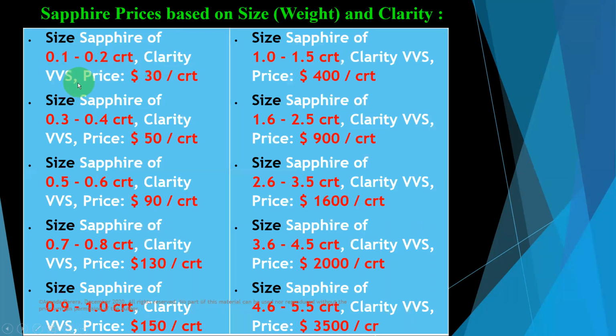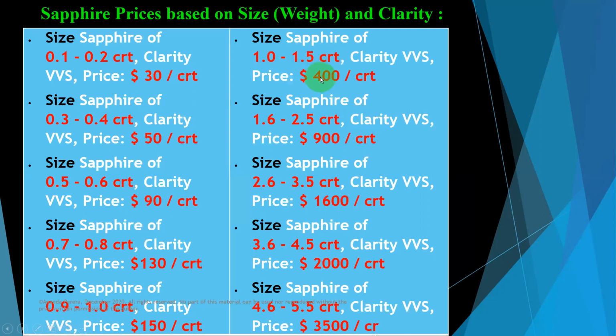If it is VVS clarity, VVS means loupe clean, $30 per carat. 30 points to 40 points, $50 per carat. 50 to 60 points, $90 per carat. 70 to 80, $130 per carat. 90 points to 1 carat, $150 per carat. 1 to 1.5 carats, $400 per carat.